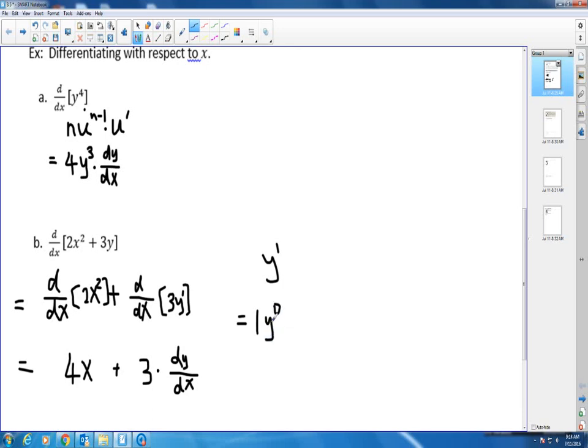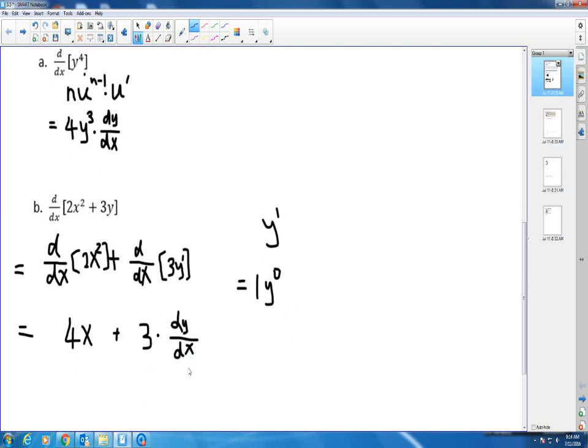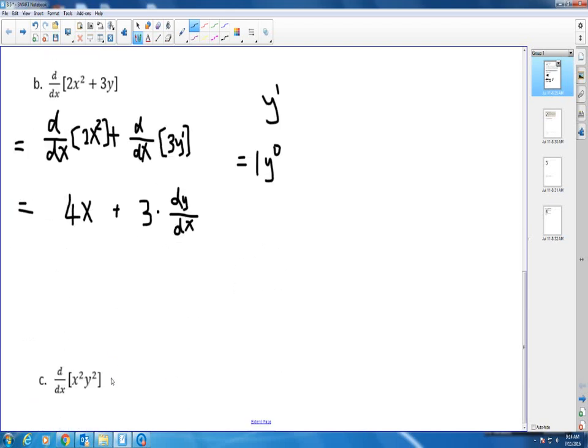So y to the 0 is 1. 1 times 1 is 1, times the constant. But we have to make sure we write dy dx. Alright, and that's the answer.